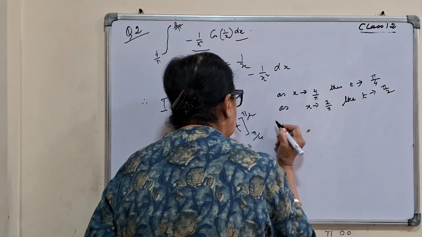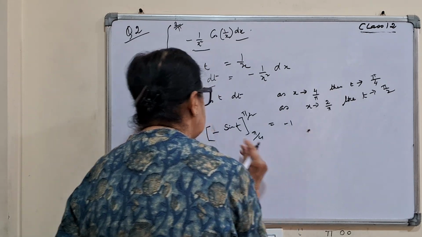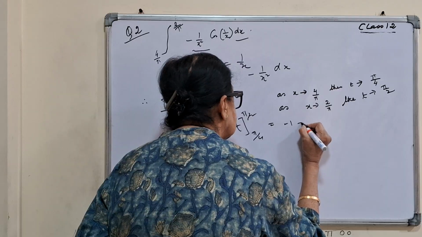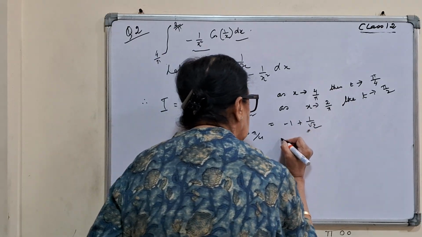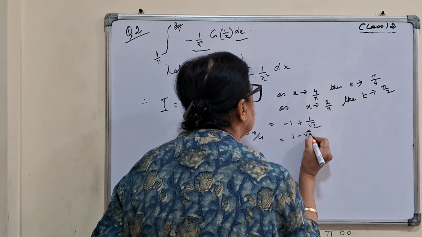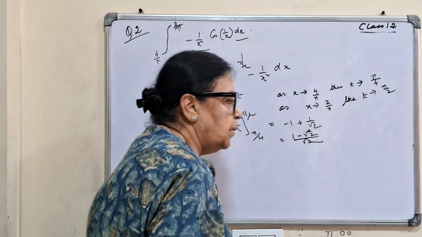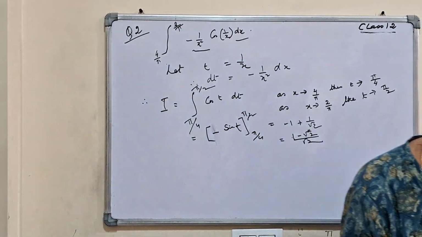I put the value of pi by 2, that is 1, and minus of minus, that is plus 1 by root 2, which is equal to 1 minus root 2 divided by root 2. Yes, 1 minus root 2 divided by root 2.